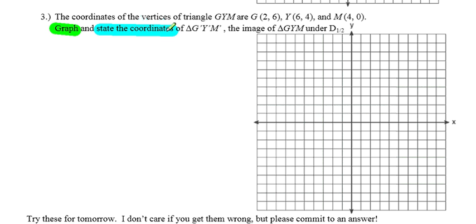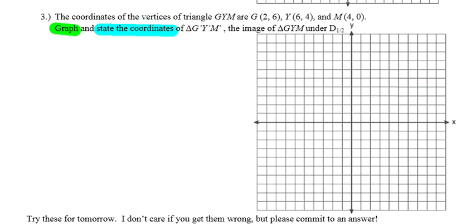Again, I'm going to ask you to make a prediction about our new triangle. Do you think that the new triangle will be larger or smaller than the original triangle was, and how come? Well, let's find out.